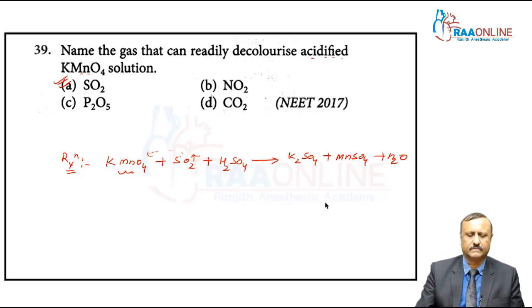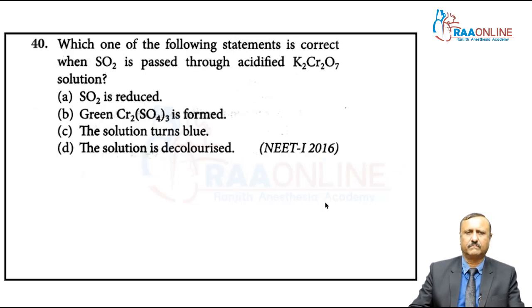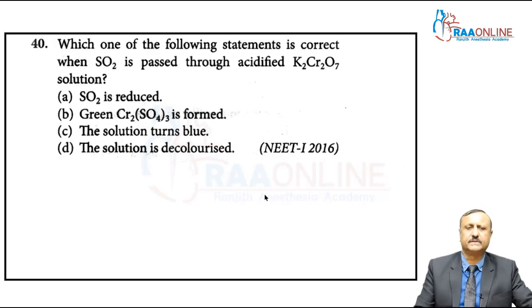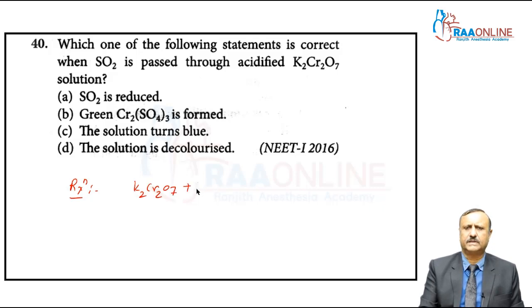Now, my dear students, we go to question number 40. Which one of the following statements is correct when SO2 is passed through acidified K2Cr2O7 solution? Here you can see the reaction. This is the direct reaction: K2Cr2O7 reacts with H2SO4 plus SO2.